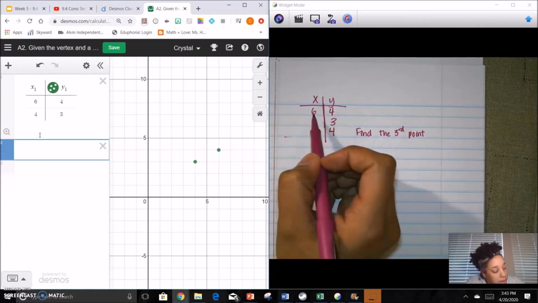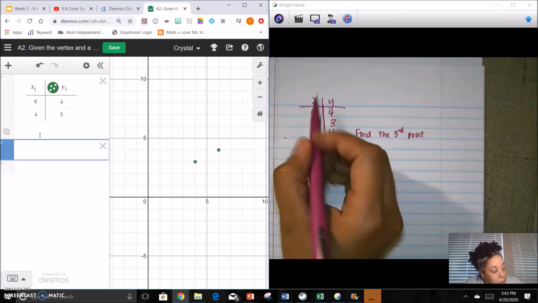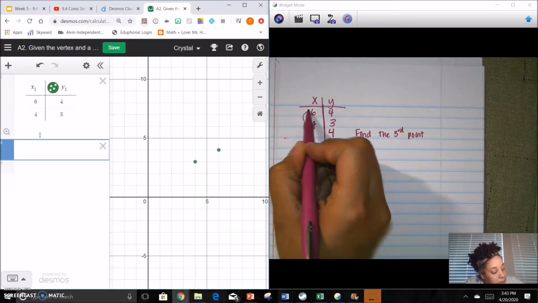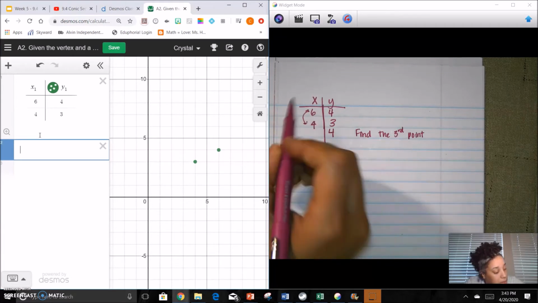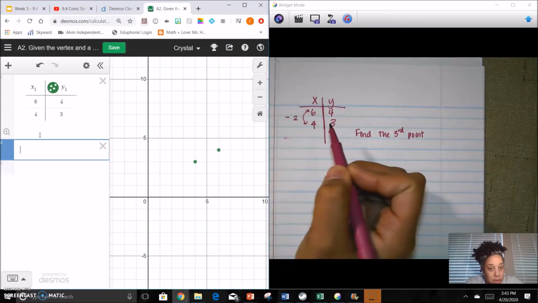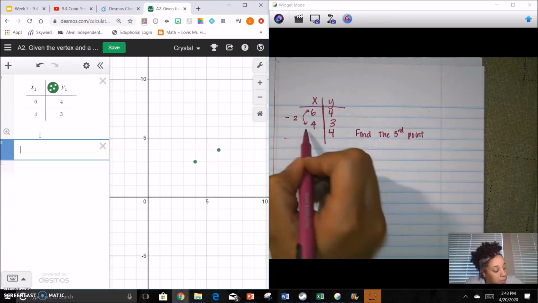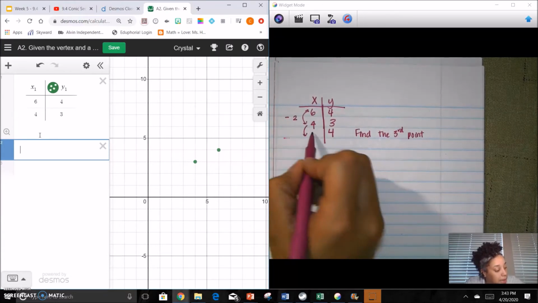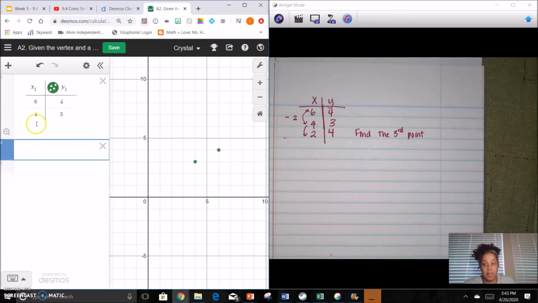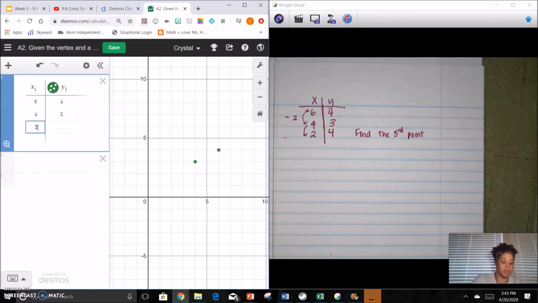So all I'm doing now is getting the distance between these 2 points. To get from 6 to 4, I have to subtract 2. So that's what I'm going to do to get the next point. To get from 4 to the next one, subtract 2, I get 2. So that third point is (2, 4), and I'm going to type that in my table.